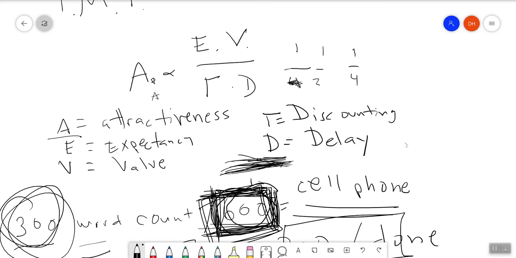Now, value, this other function here in our numerator, this is something that is kind of personal for you, but what do you expect to get out of this project? Why do you value it? How do you value it? Okay. Now, sometimes the value of a project is a simple function of being assigned that project.